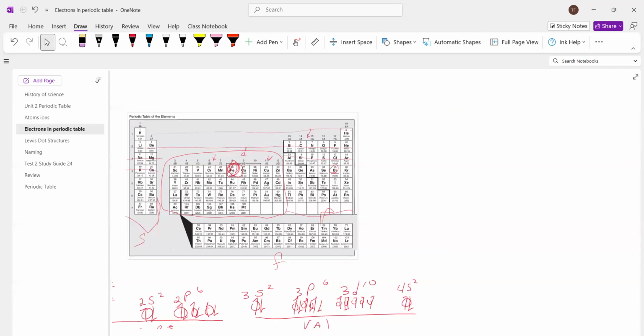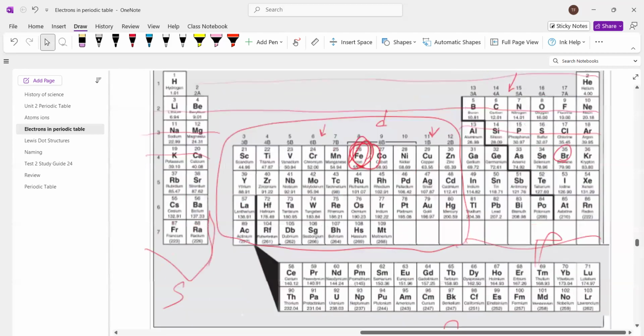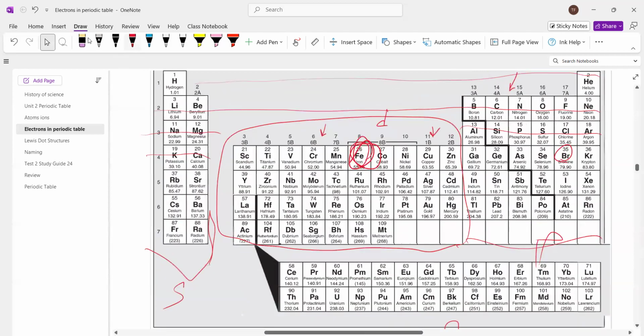So we're looking at sulfur. We go up one row and look at the noble gas. So if we're doing sulfur, we're going to go neon in the last valence setup.